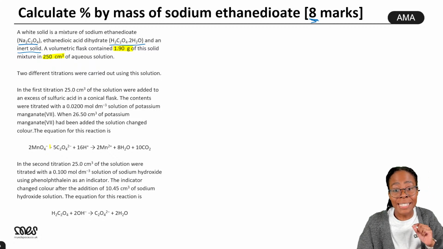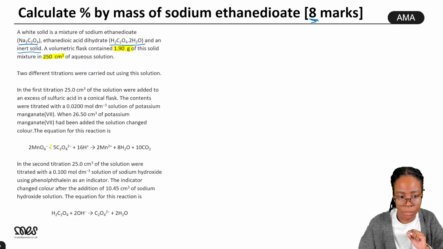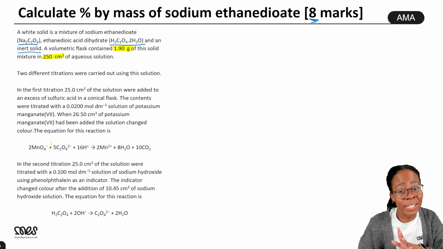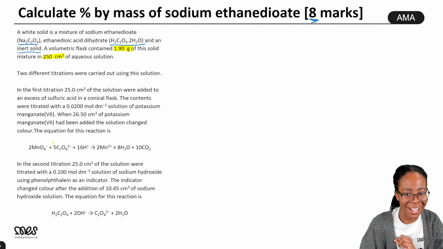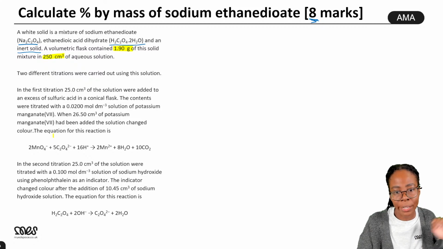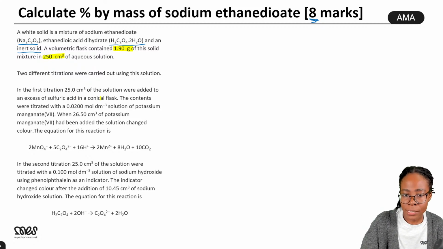They did 2 different titrations. This is a year 12, year 13 calculation, but year 12s, you can do it as well. In the first titration, it was a titration with potassium manganate.